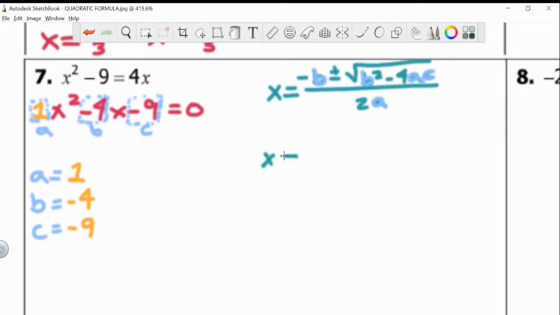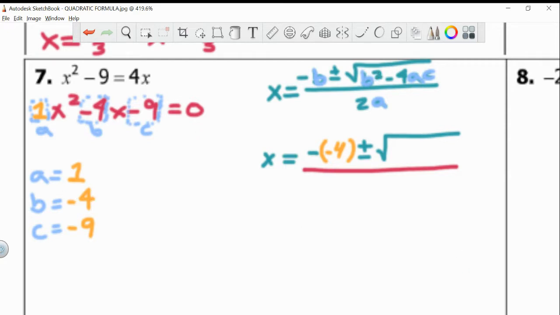So let's go through that process. We've got x equals -b. Okay, so we now need to take this b, which is -4, and put it where the b used to be. Okay, so we've swapped that out. I'm going to go ahead and put my big fraction in here just so I can remember that. Now I've got the plus or minus where they're stacked on top of each other. So I've got that right here. Square root b squared.